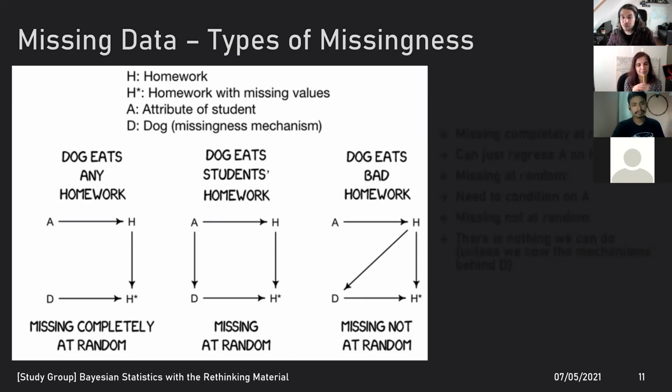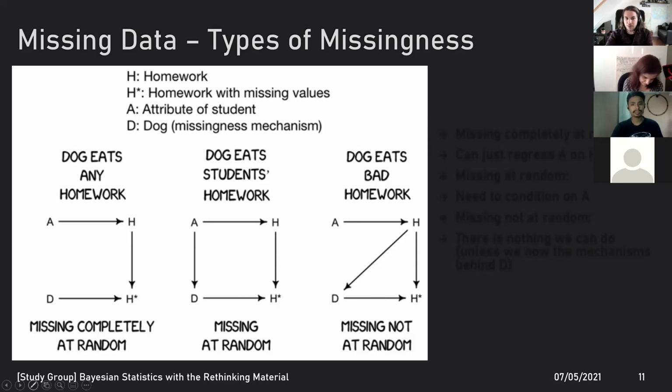The example that we're going with here is dogs eating homework and how that influences the observed homework score, following the true homework score, given that some student has some attribute, let's say how much they study, which influences how good the true score of the homework is.